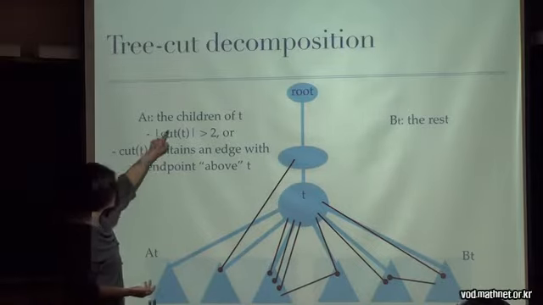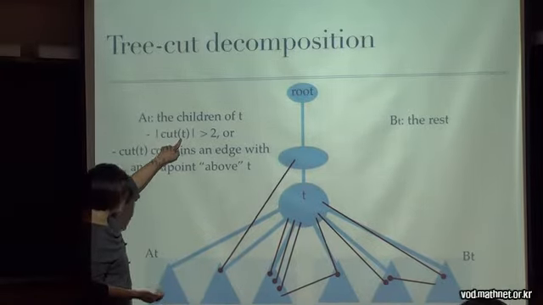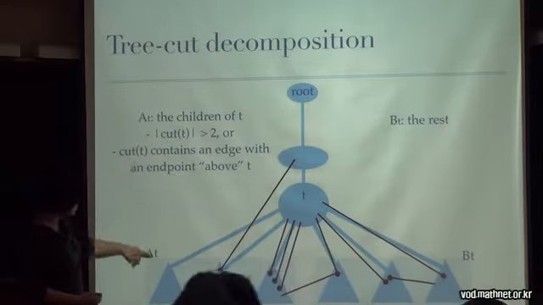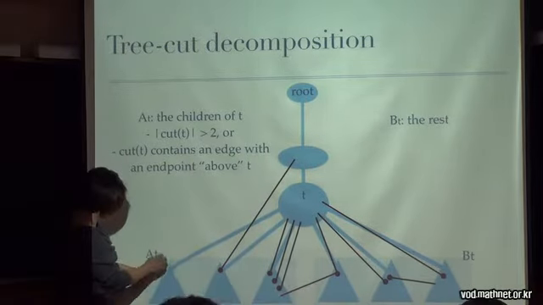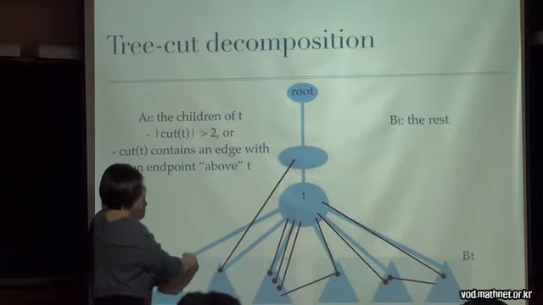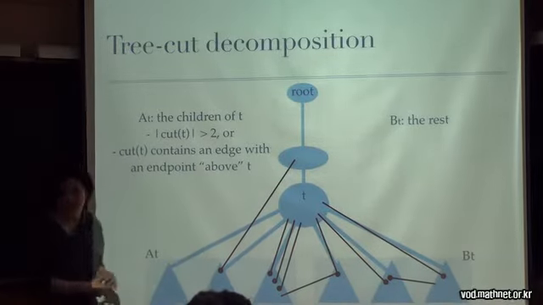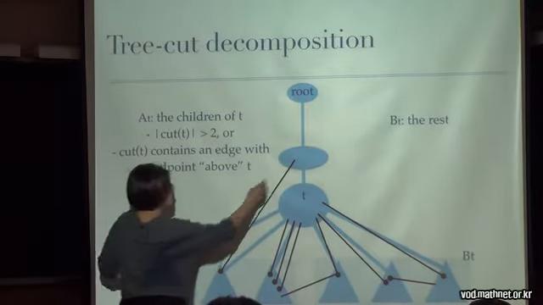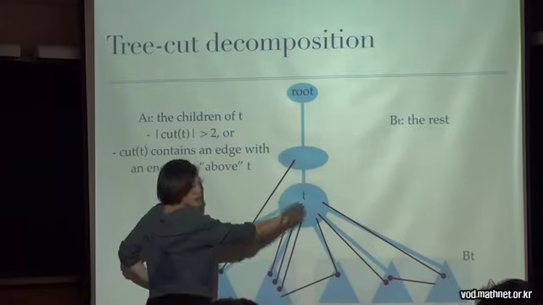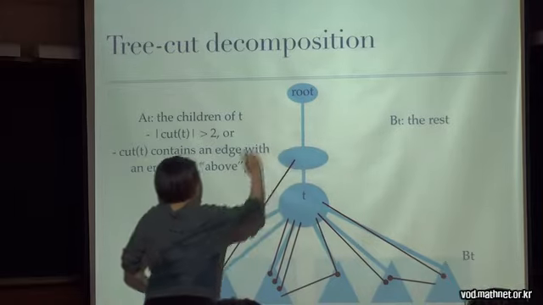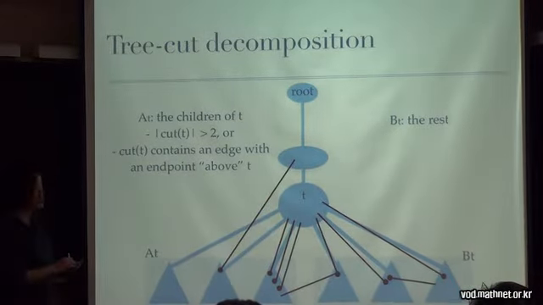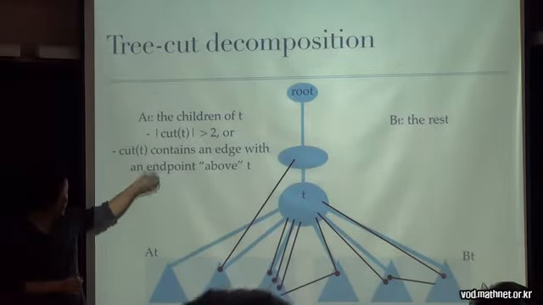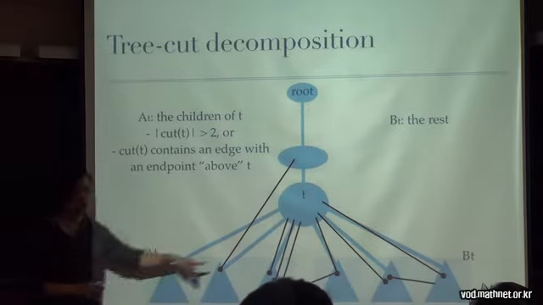AT contains the children of T such that the cut size on its edge is bigger than 2, or such that the cut contains an edge with one endpoint in the child's subtree and another endpoint in the part above T. Whenever a child satisfies one of these two properties, I classify it as AT, and all the rest go to BT.